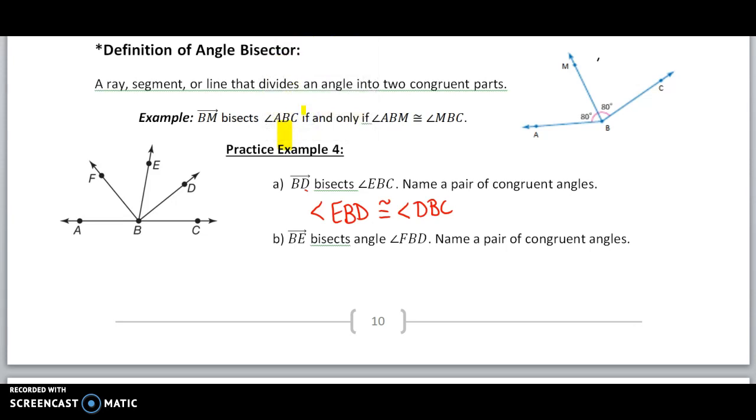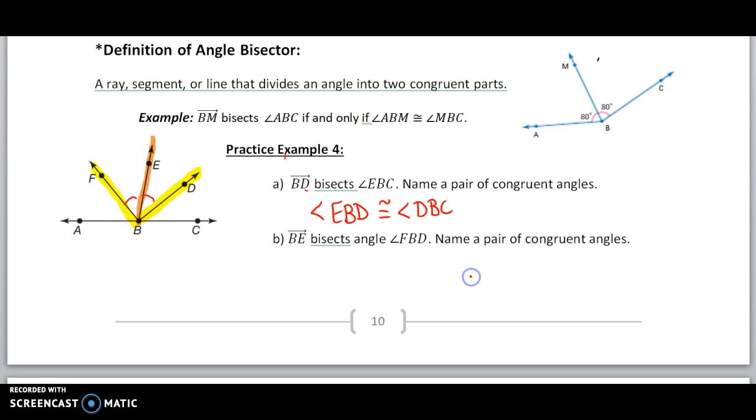And so I see angle FBD, F to B to D. And then ray BE, so B go through E, and we start at B. That ray is cutting the angle that I highlighted in yellow in half, so into 2 congruent parts. So I see that this is the halfway point between these 2 angles.